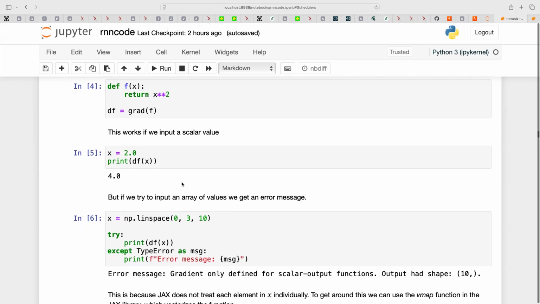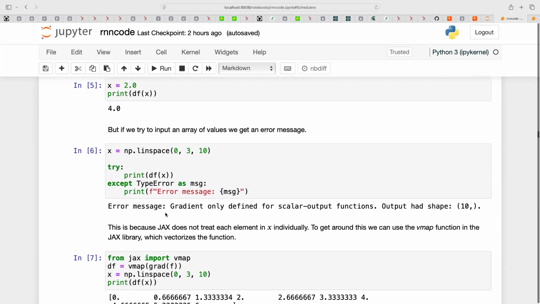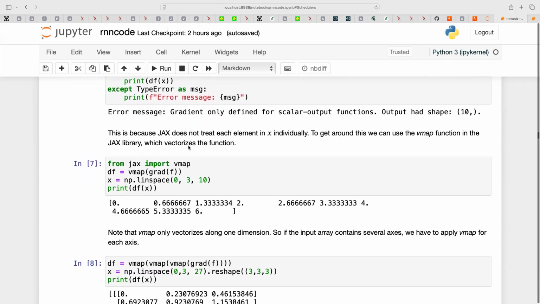But if you try to input an array of values, what you get is an error: the gradient is only defined for scalar output functions, and this had the wrong shape. This is because JAX does not treat each element in x individually. To get around this, there is a vector map function, vmap, in the JAX library, which vectorizes the function. This is the way you would circumvent it.